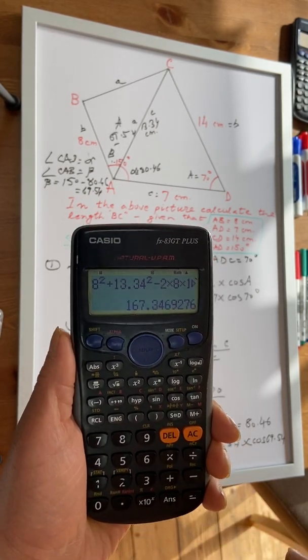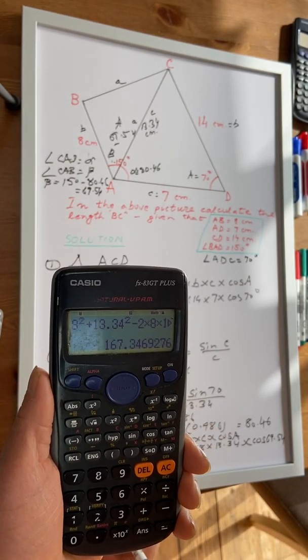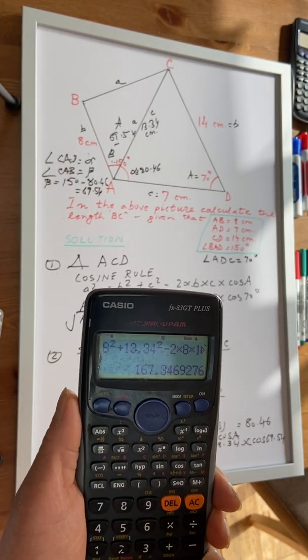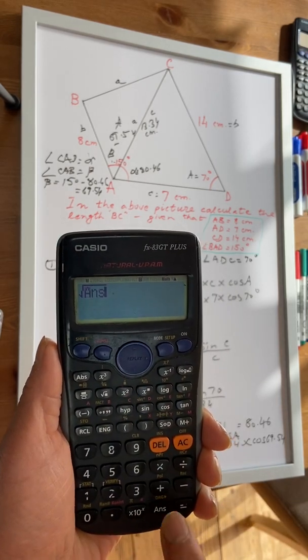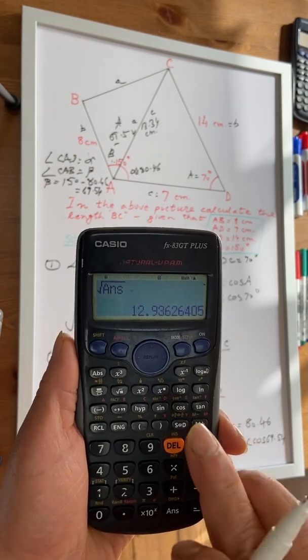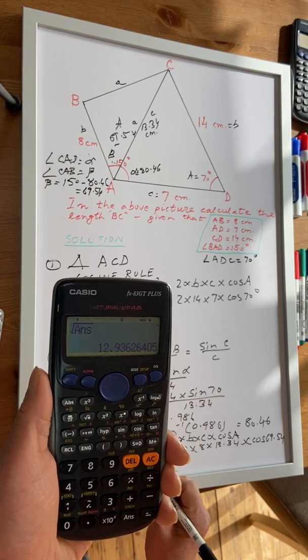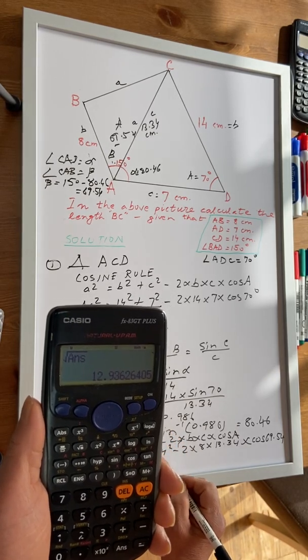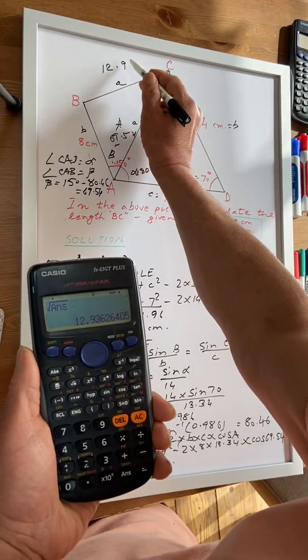Of course, we have to do square root of this value to get our answer. So we will do square root answer, and we get the answer as 12.936. We can write it as 12.94 centimeter. So we have found the value as 12.94.